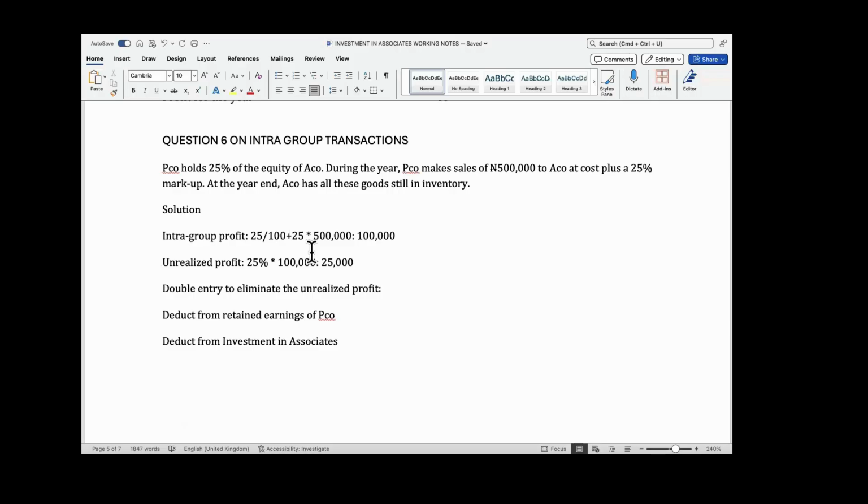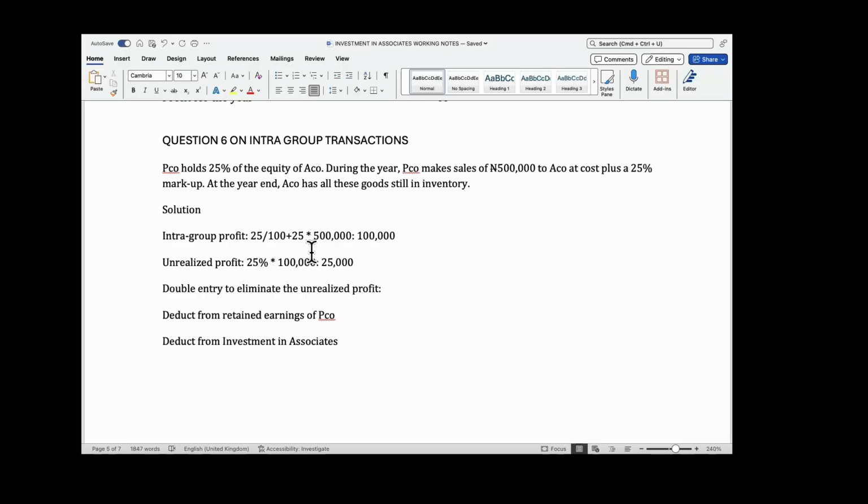Okay. So what you know still applies for subsidiary, and it also still applies to associate. If the associate sold to the parent, that means it's the parent that has the goods, that has profit in it.